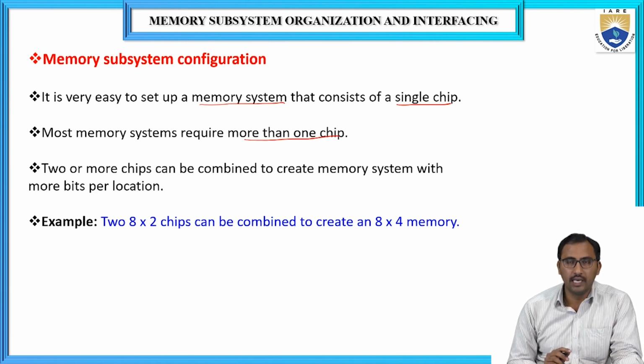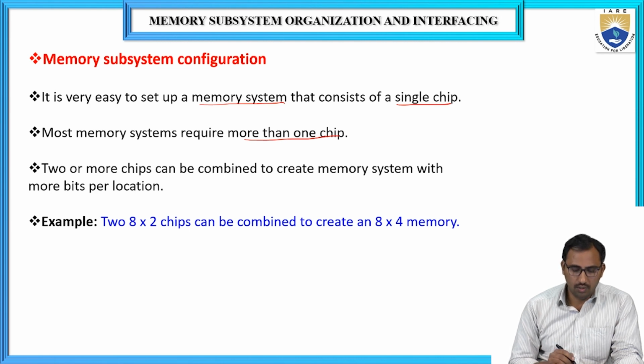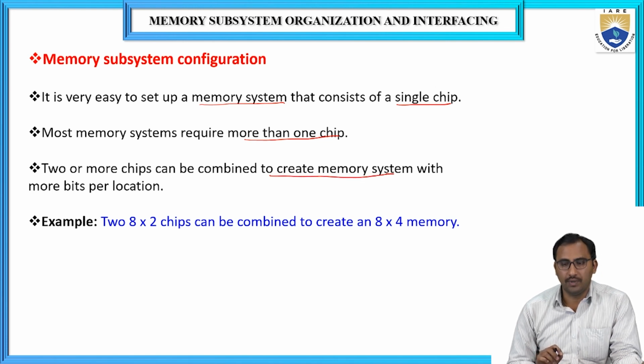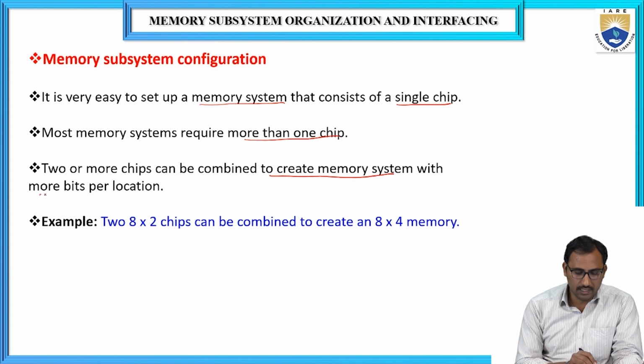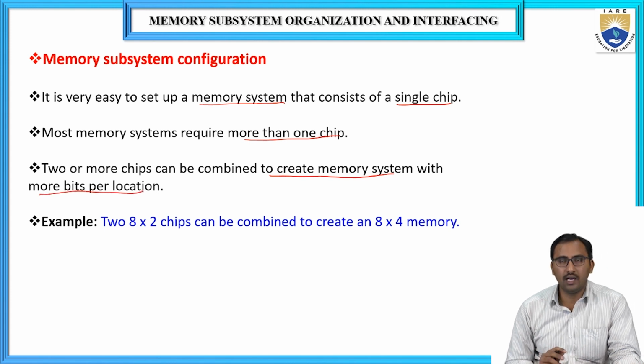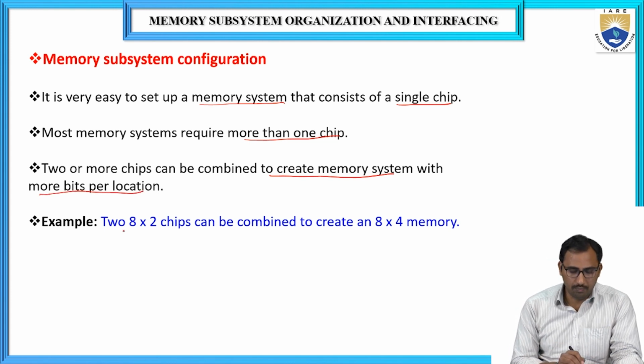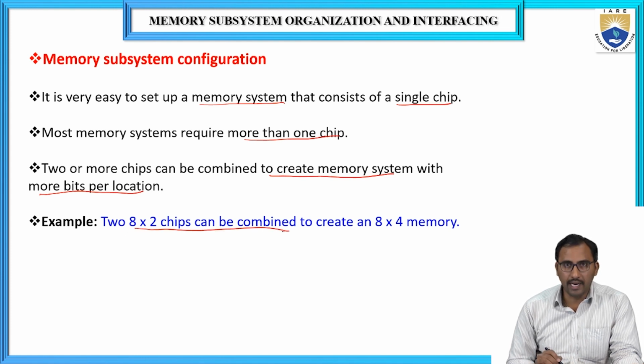If 2 or more chips are there, then we can combine them to create a single memory chip with more bits per location. You can understand this with the example of 8 by 2. Two 8 by 2 chips can be combined to create an 8 by 4 memory.